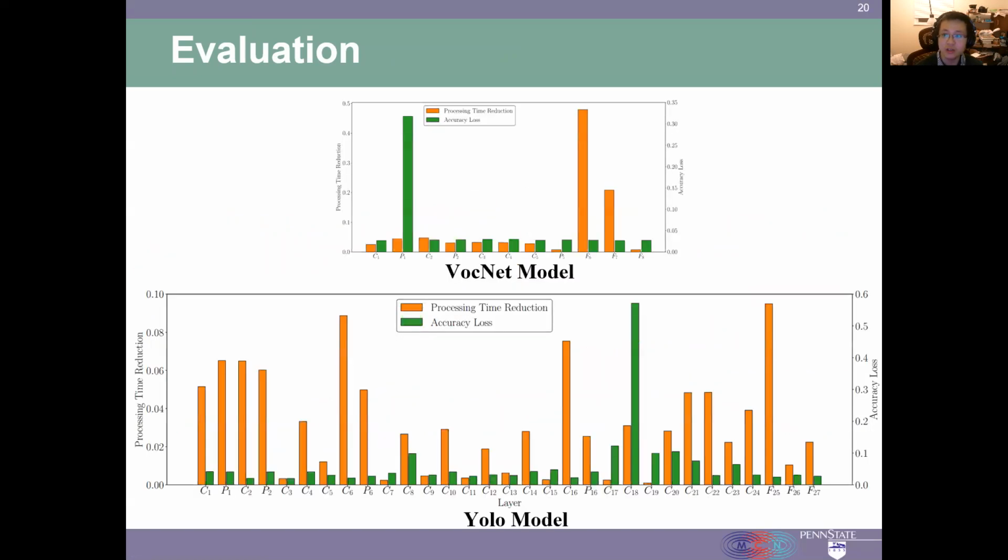The following figure shows the layer processing time reduction and accuracy loss in the VocalNet model and the YOLO model. As we can see, the YOLO model consists of more layers, and its variation is larger than VocalNet. Therefore, performing model partition on the YOLO model is more difficult.